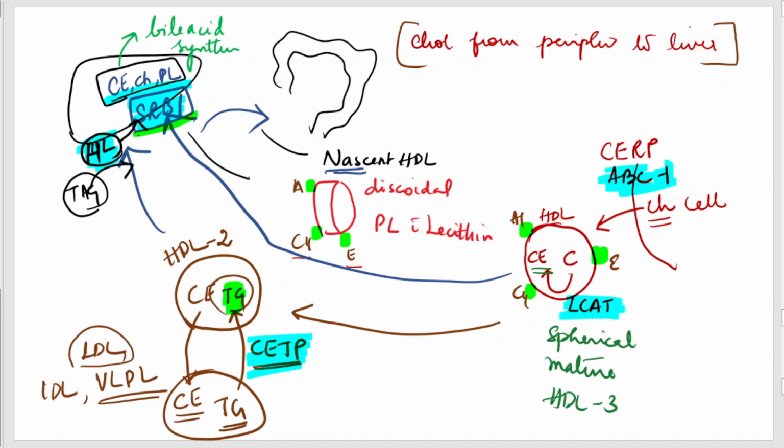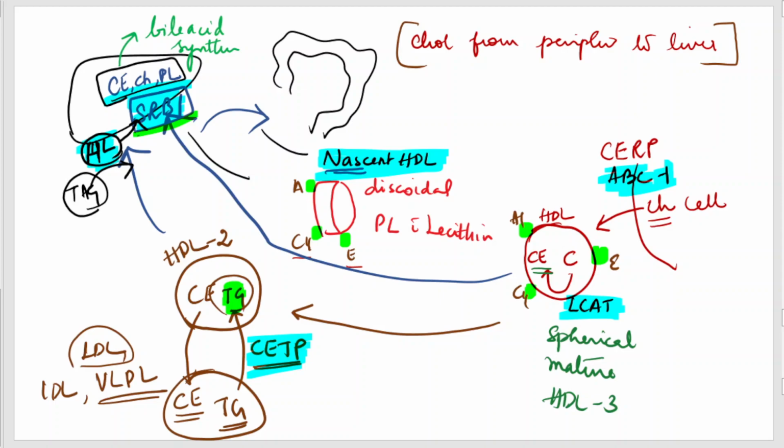So we'll see again. The first one is that nascent HDL is synthesized from the liver or the intestine. It is nascent because it is discoidal in shape, and it is discoidal because it contains a phospholipid bilayer with more lecithin content. The apoproteins present are ApoA, C2 and E. Now this nascent HDL passes through the peripheral tissues, and from inside the cell, the cholesterol is effluxed out of the cell and taken up by the HDL.